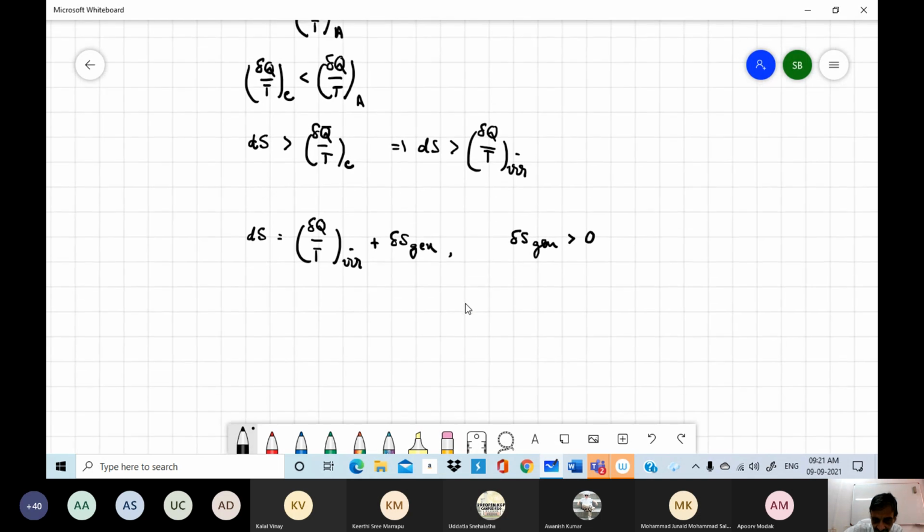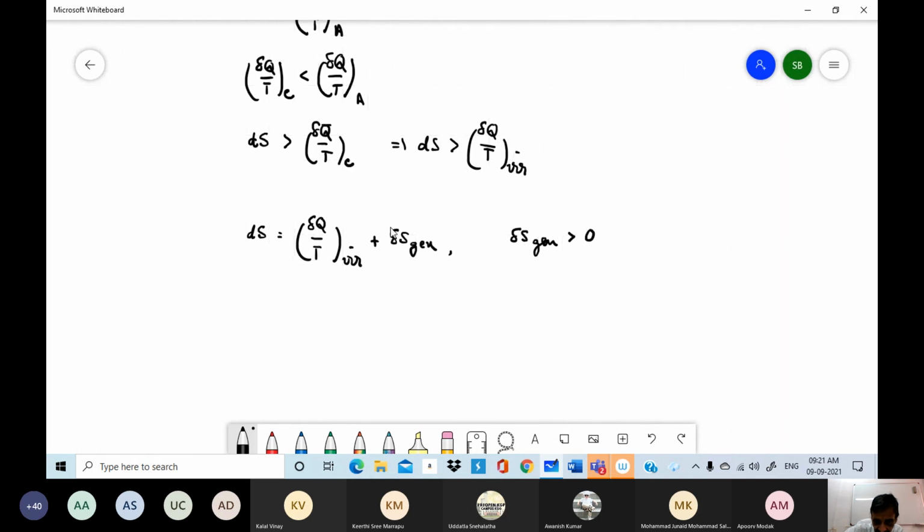Now, in this course, we'll more or less keep this as something which is essential, but how to calculate the details of that we will not work out. That involves quite a bit of complication. So all we know is the delta S gen must be a positive quantity if the process is irreversible.